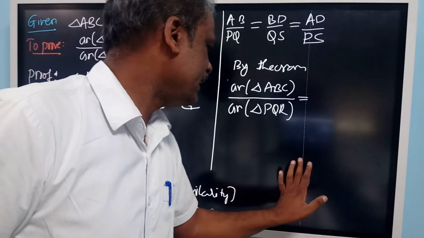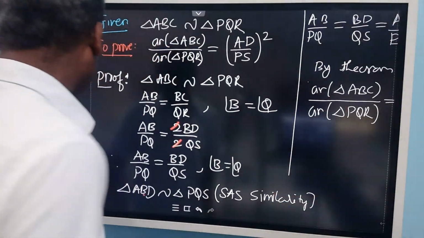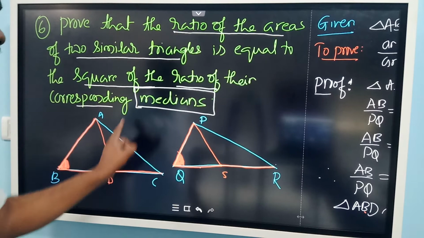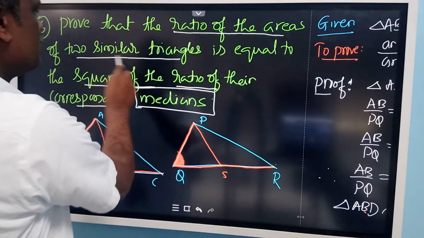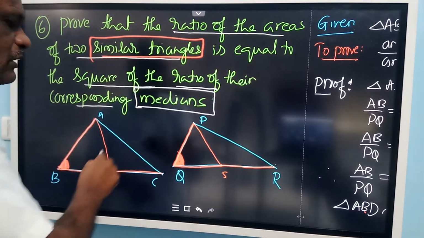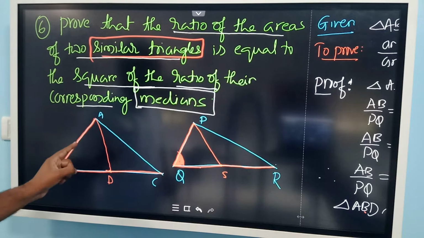Since these two triangles ABC and PQR are similar, once you apply that, it will be equal to the square of the ratio of the corresponding sides.